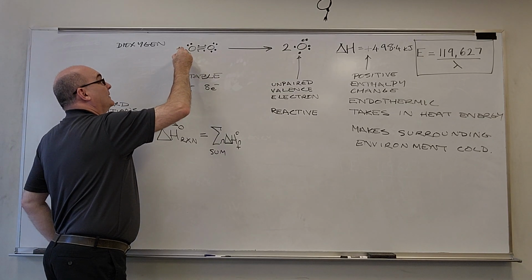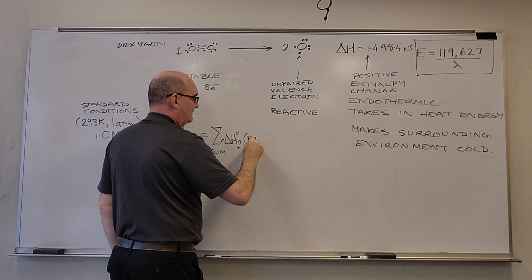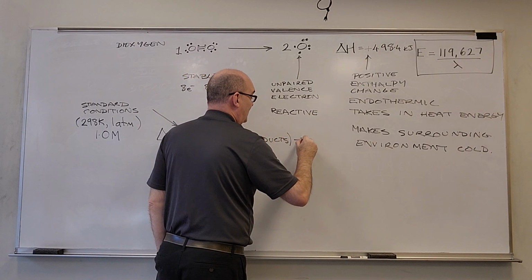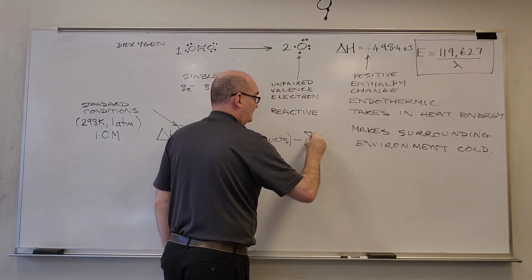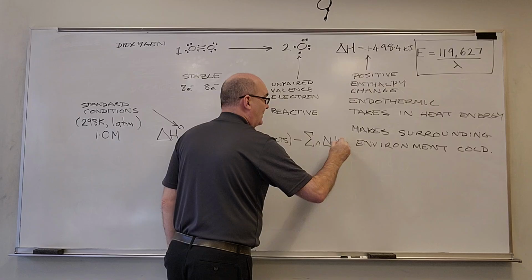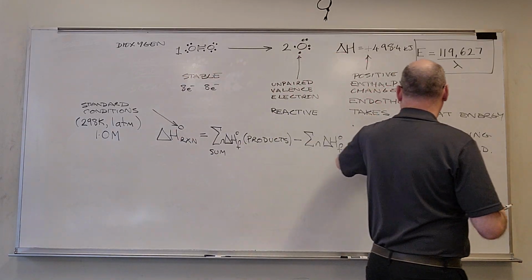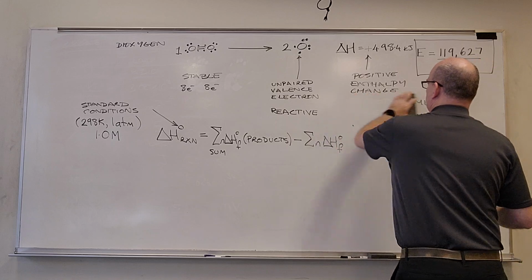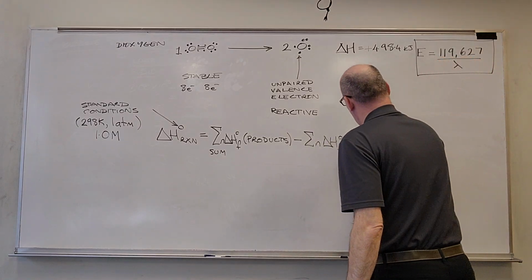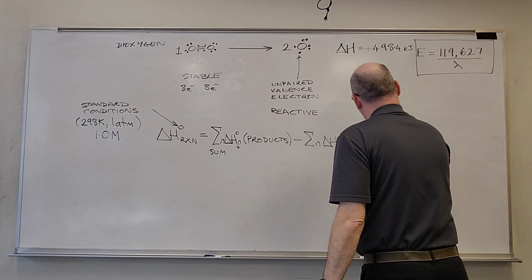There's a 1 here and there's a 2 there. Of the products minus the sum of all the enthalpies of formation of all of the reactants.